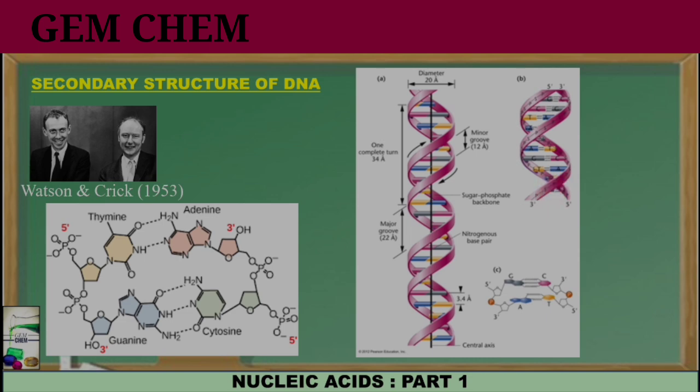If we consider adenine and thymine, two hydrogen bonds form. Either adenine will bond with thymine or thymine will bond with adenine. In the case of guanine and cytosine, either guanine will bond with cytosine or cytosine will bond with guanine, and here there are three hydrogen bonds.